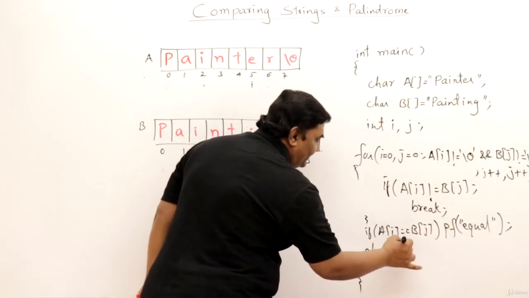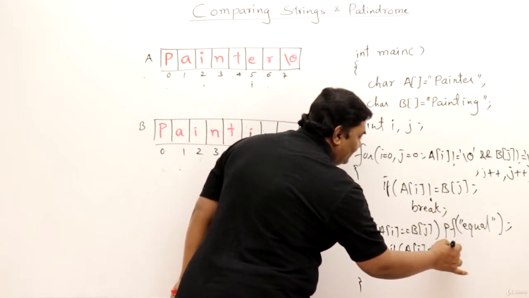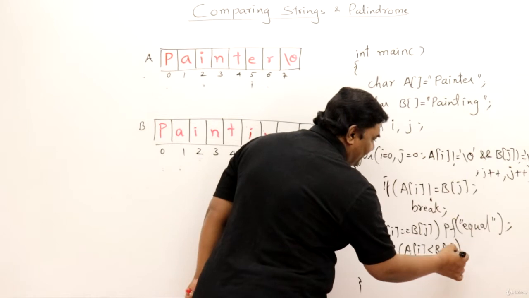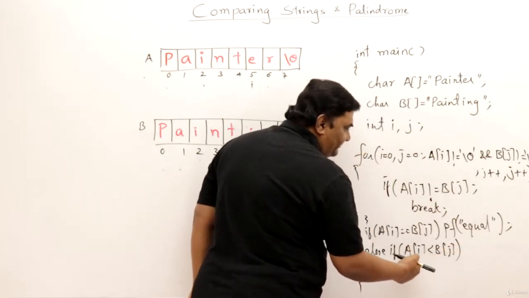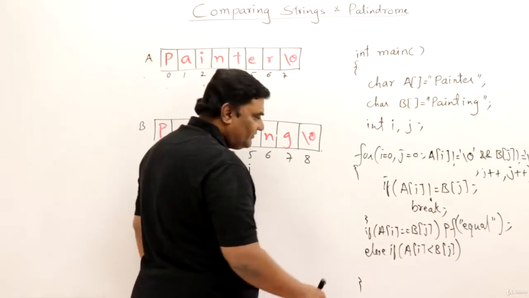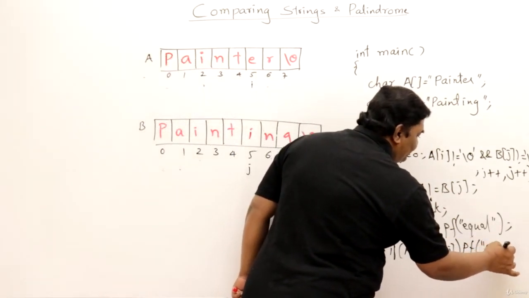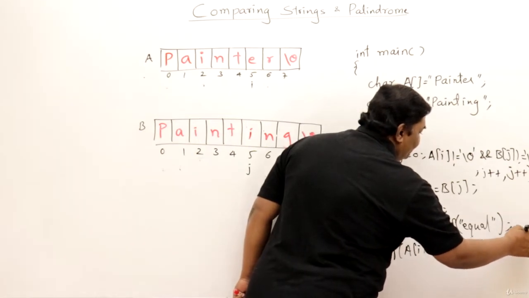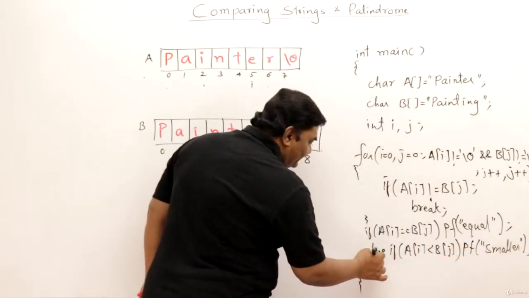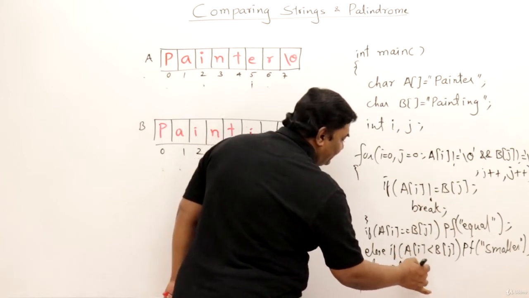Else, if A of i is less than B of j, then the first string is smaller, it comes first in a dictionary. So I will simply say smaller because we are comparing the first one with the second one. Else I will say greater, which means the first string is greater.